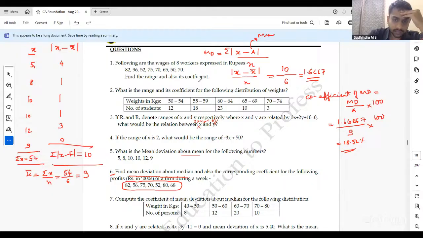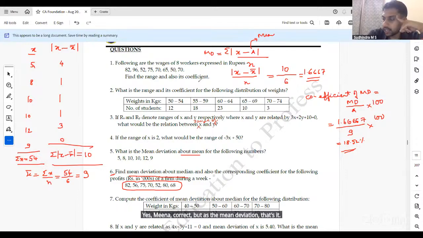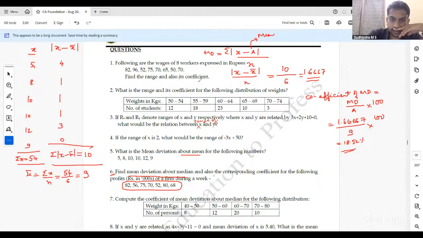Mayur Hegde, correct. Yes, Meena, correct. But they have asked us the mean deviation. Murugesh, correct. Agastya, correct. Kaushal, correct. Very good, excellent. Dhanush Hegde, correct.